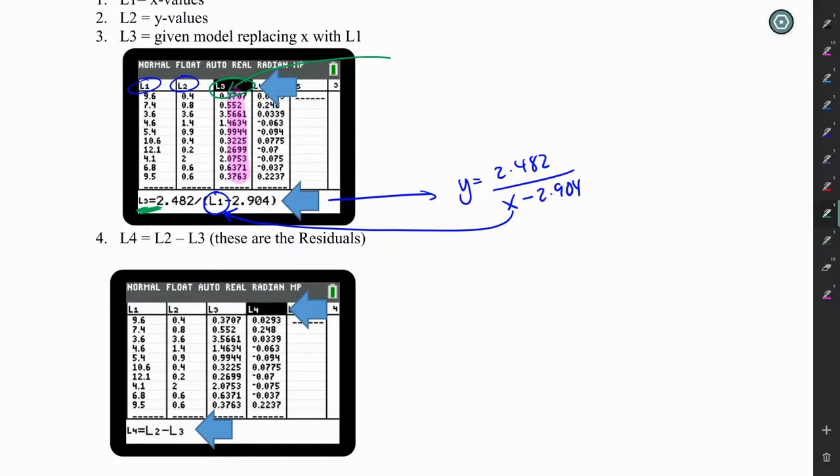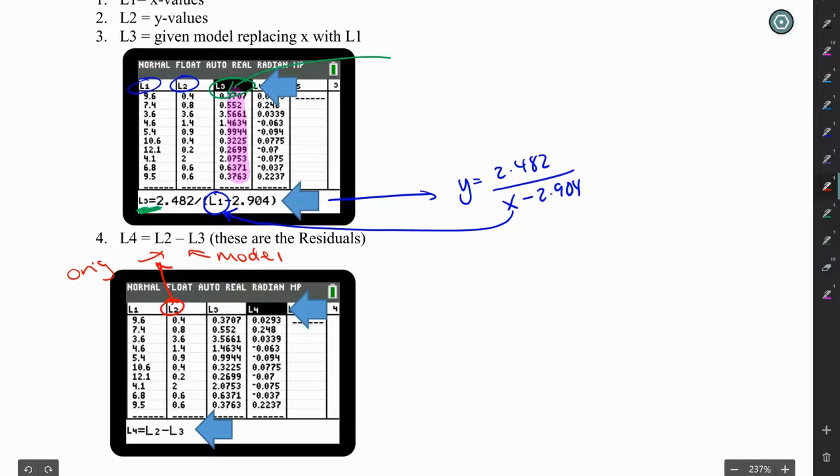Now that you've taken the time to make sure those numbers match, the next thing we do is we move over to L4. So now remember, we have to subtract, and remember, it's the original minus the model. Well, my original y values are in L2.